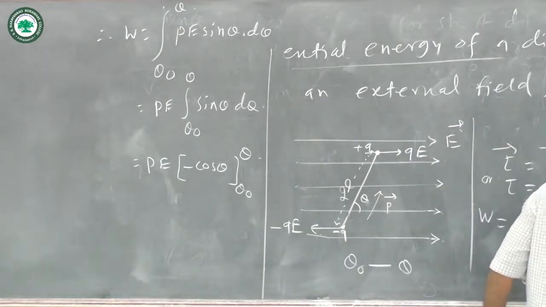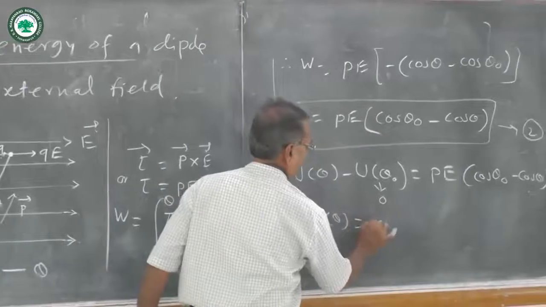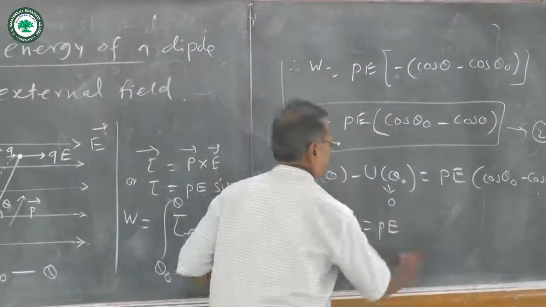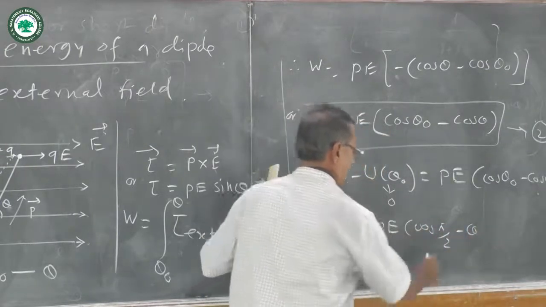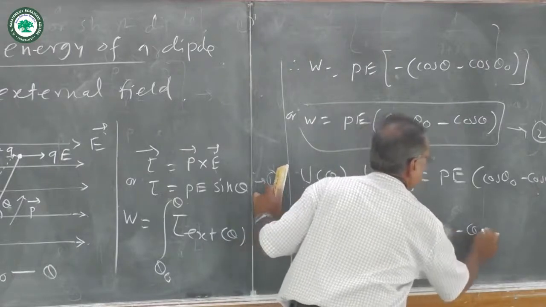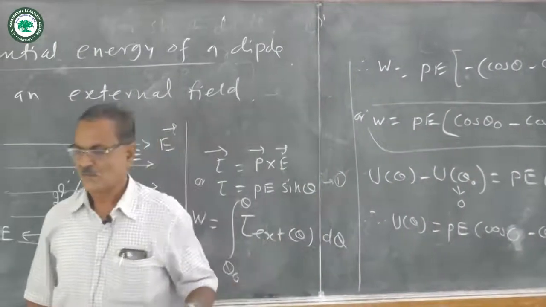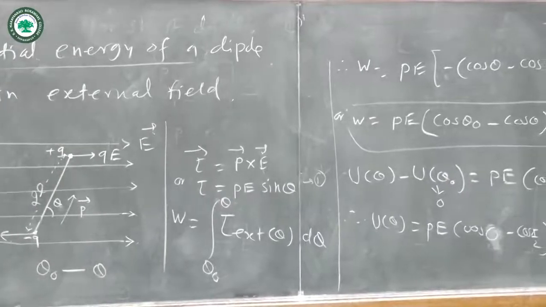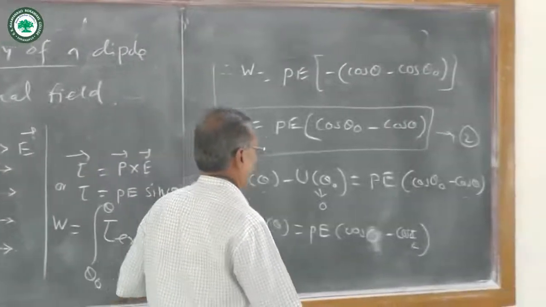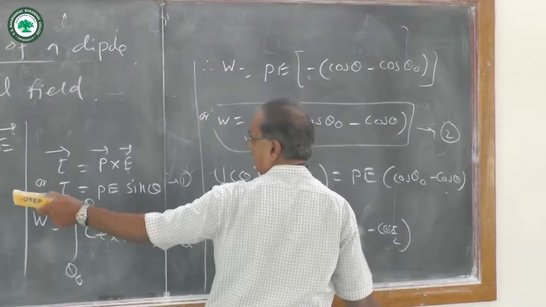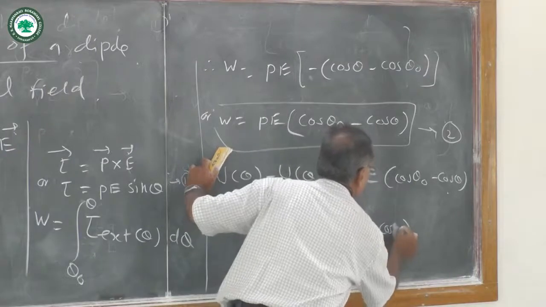Just one minute, cos theta 0, that is the angle between the axis of the dipole and the electric field, is pi by 2, and potential energy is 0.